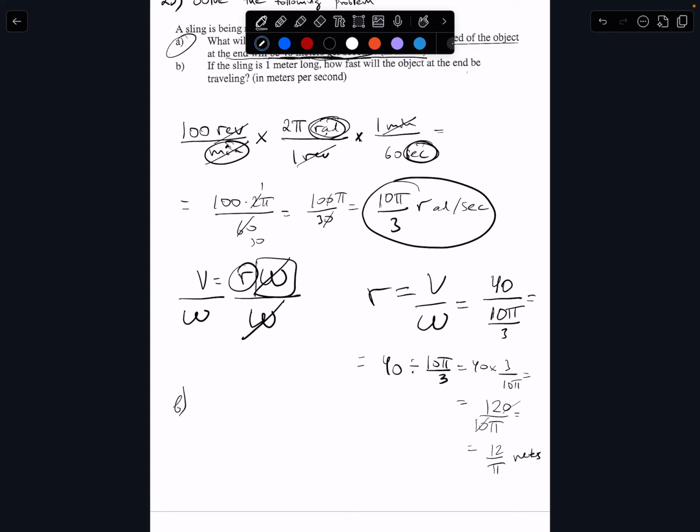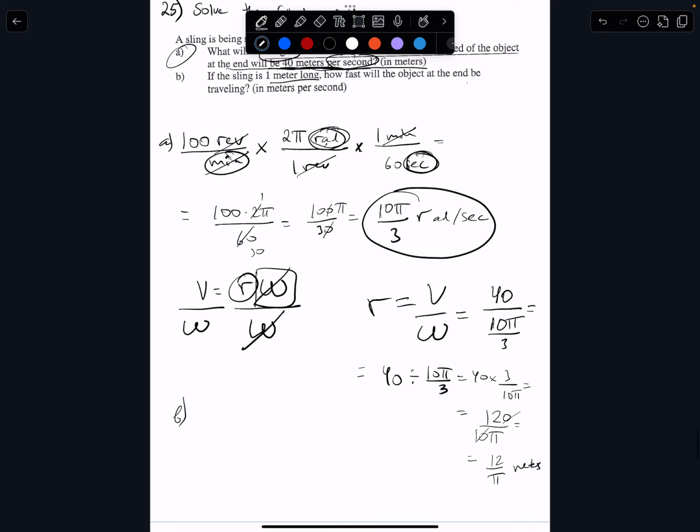Okay, and B, so this is A, so we finally found the answer. So B is going to be what? If the sling is 1 meter long, so they're telling you the sling is 1 meter long, what would be the velocity? How fast, meaning velocity. So you'll just use the same formula, and all you have to do is just plug in 1. So 1 times, and what's the rotational velocity that we found? 10 pi over 3.